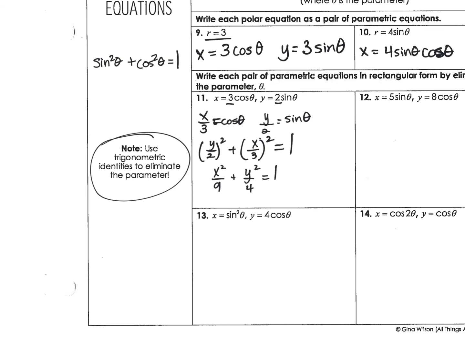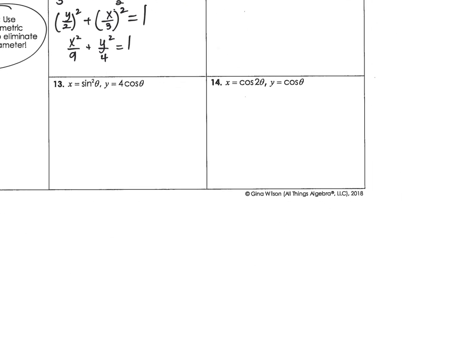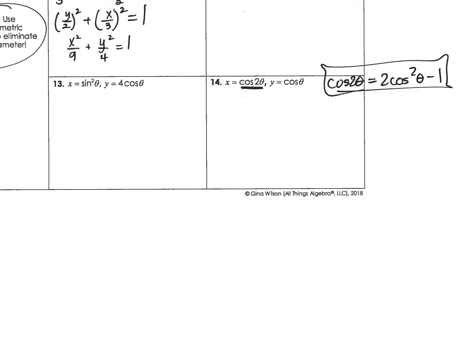That same thing will work for every one of these with one exception. This guy right here, because look what we have there, cosine of 2 theta. But you know, go back and look, cosine of 2 theta is equal to what? 2 cosine squared theta minus 1. That's my trig identity, isn't it?